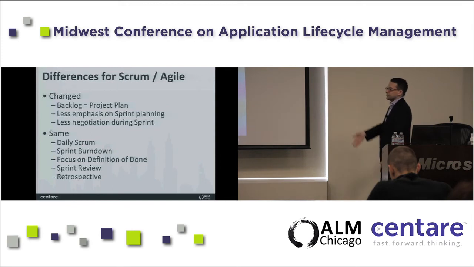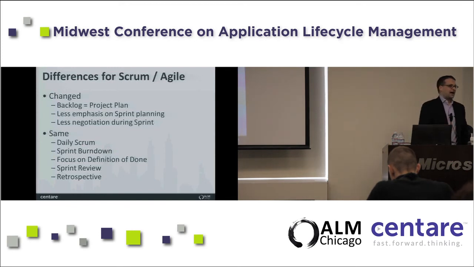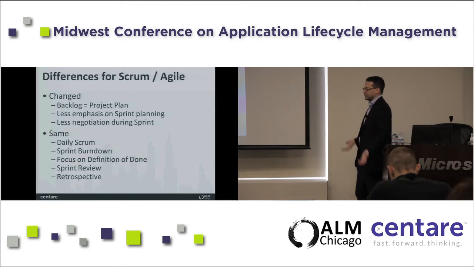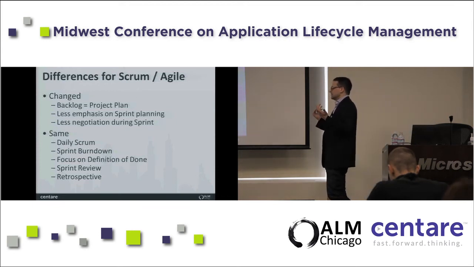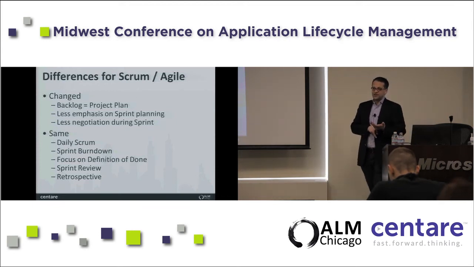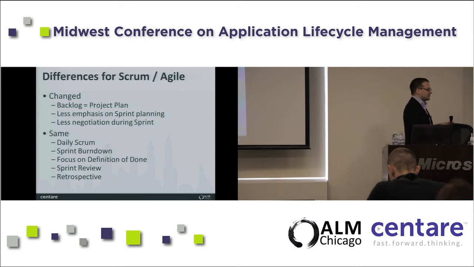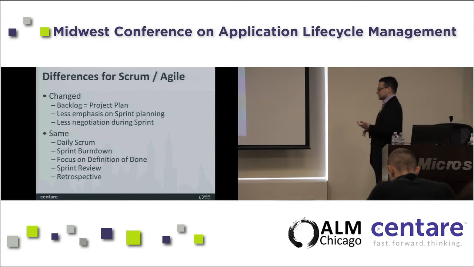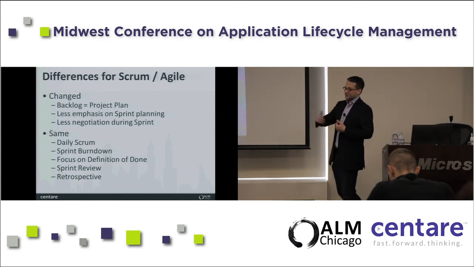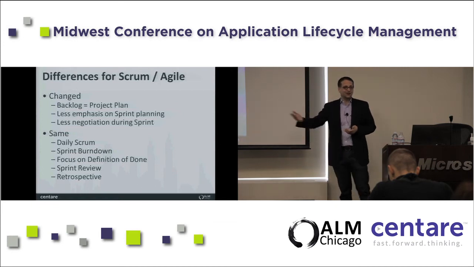So hopefully, if you're doing Scrum under Waterfall, you're still going to have a sprint goal. It gives you an idea of how to actually push through the next 30 days worth of work. Definitely focus on definition of done. Define what your definition of done is. So Waterfall tends to have a problem with doneness deficit, basically all this deferred work that has to get taken care of later.